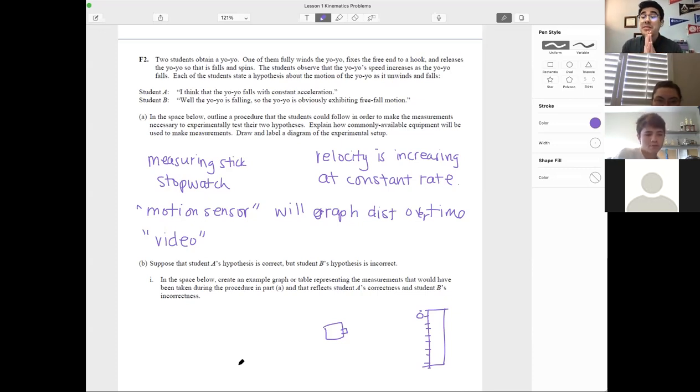I thought Student A would also be correct because the only thing I considered was the acceleration due to gravity. So going with that, that would probably mean that it would be constant.